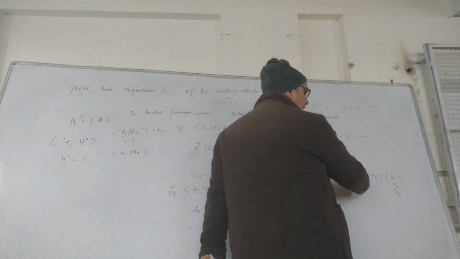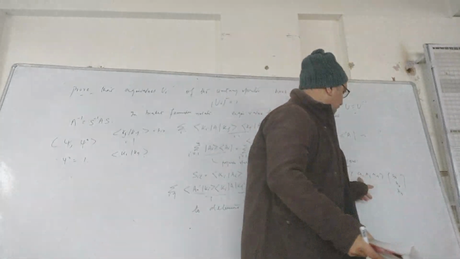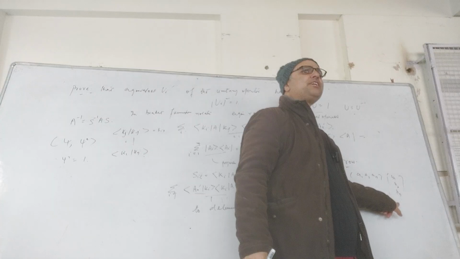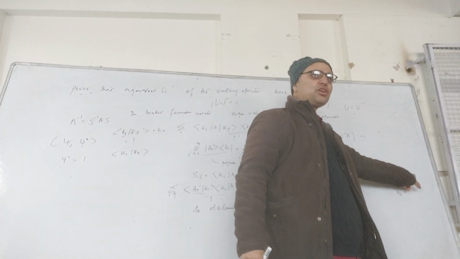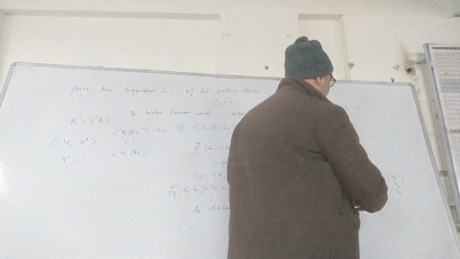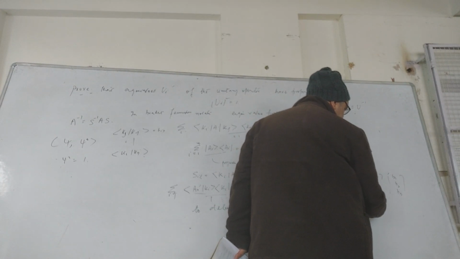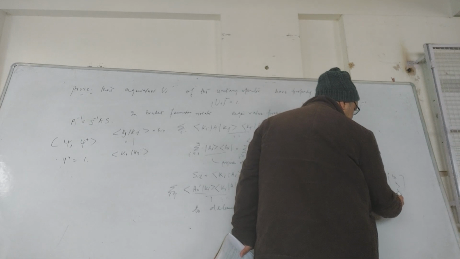If you multiply the row by a column after matrix multiplication, this row will also translate into a column. The multiplication is a1 b1 plus a2 b2 plus and so on.